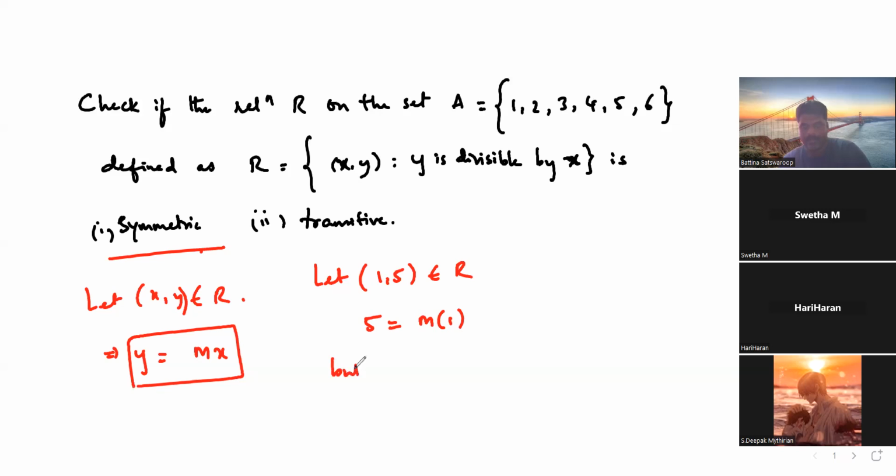But if you observe (5, 1), it cannot belong to R. Correct? 1 cannot be equal to M into 5. So it is not symmetric.